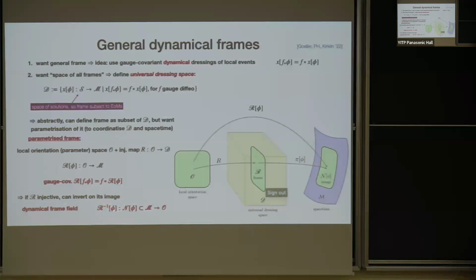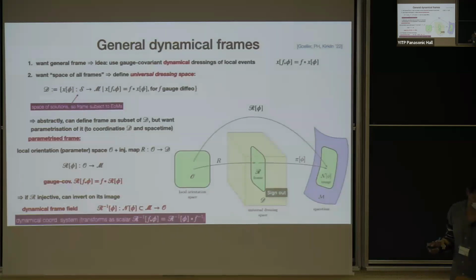Then it's a dynamical object defined on space-time, so you can think of it really as a dynamical frame field. And due to these covariance properties, it will also have the gauge covariance transformations of reference frames that I showed before. Maybe that's a little bit abstract, but that's a way in which you can treat quite generally these dynamical, gauge covariant frames in general covariant theories.